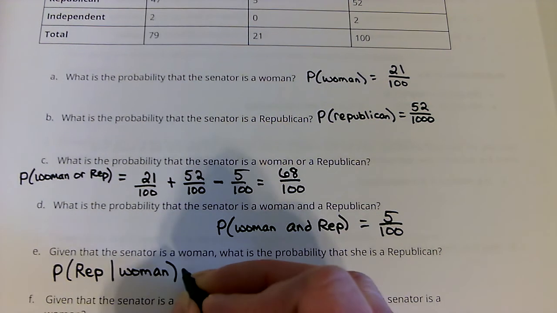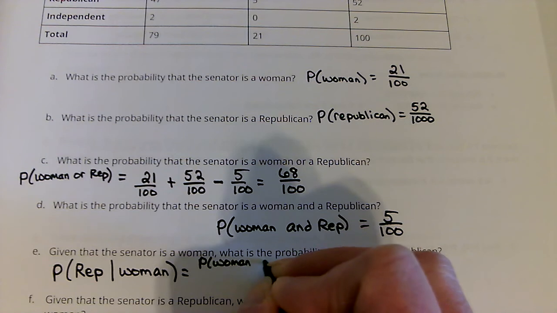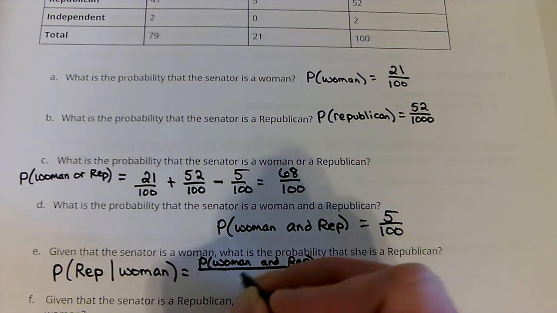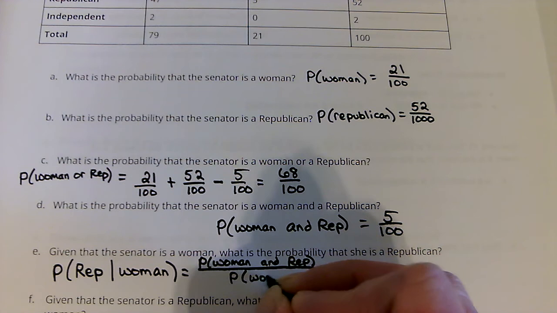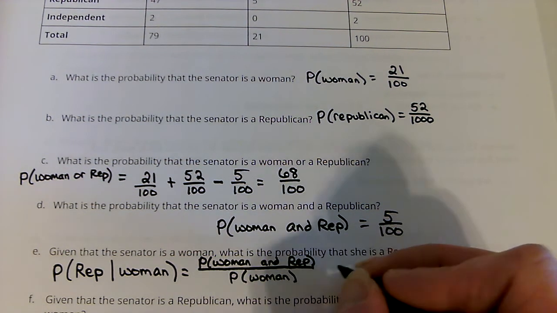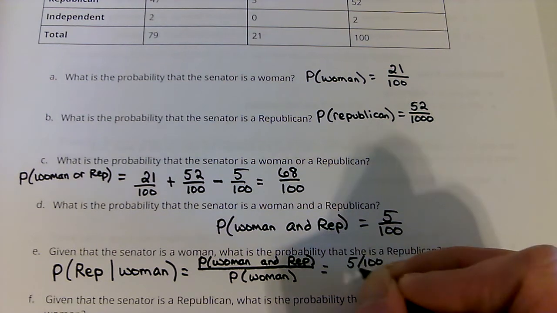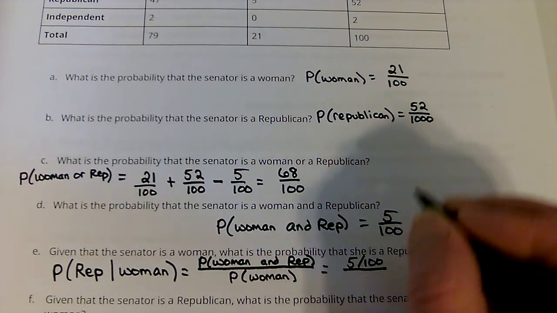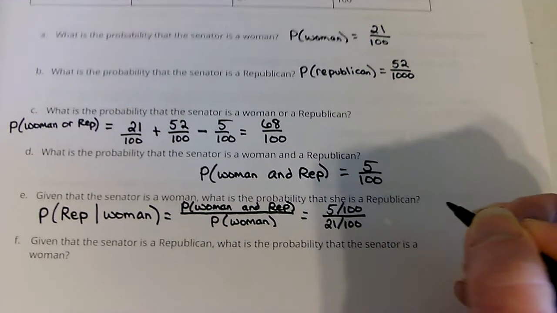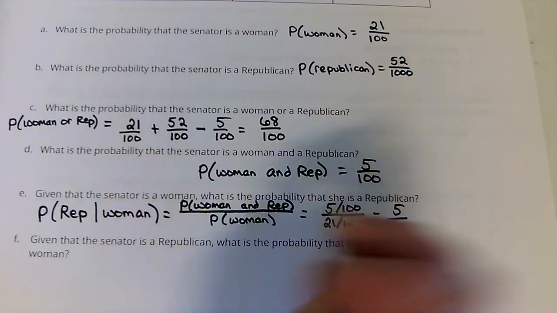Well, according to the formula, we'd take the probability of it being a woman and a Republican divided by the probability of being a woman. So woman and Republican was 5 out of 100. I'm sorry, I looked at the wrong line. 5 out of 100, divided by the probability of being a woman, that's 21 out of 100. And so the 100s cancel out, and it's 5 out of 21.